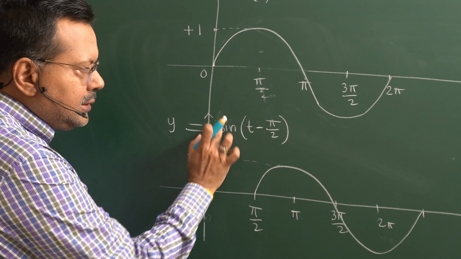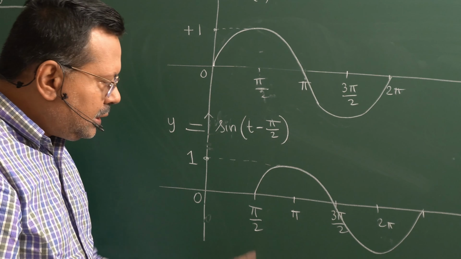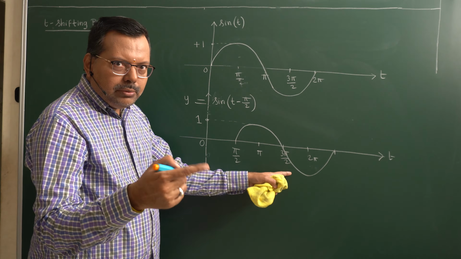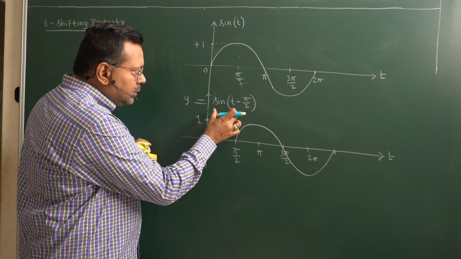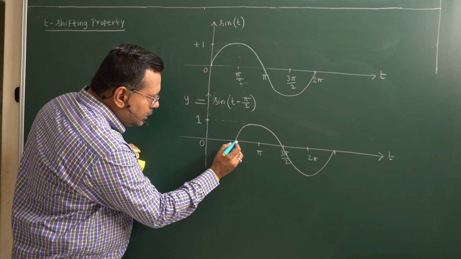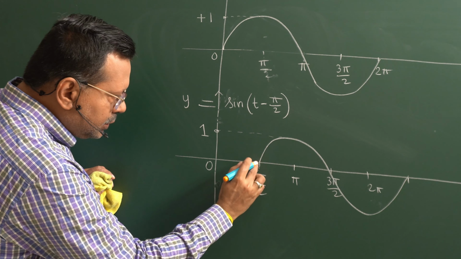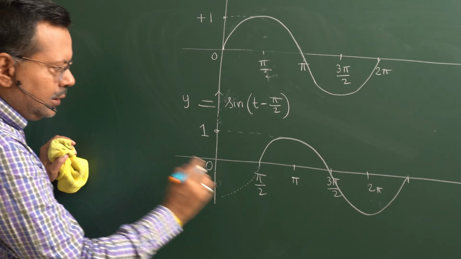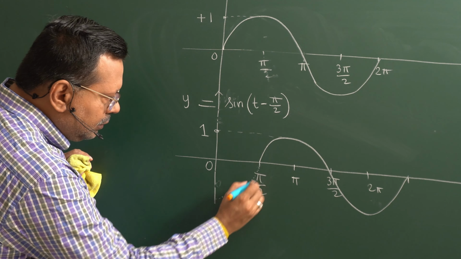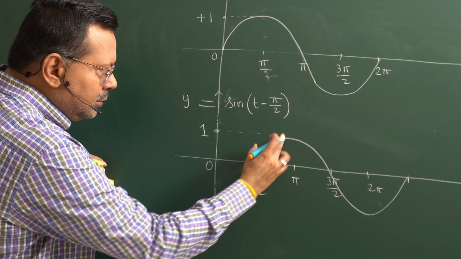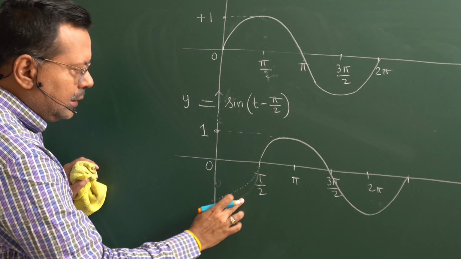But if you say that this itself is the mathematical equation representing this wave, then you will be making a mistake, because mathematically speaking, the mathematics will plot this particular portion also. You can continue this like a wave here. If you continue like that, it will continue and come here.